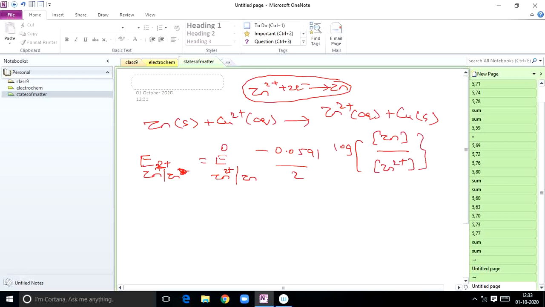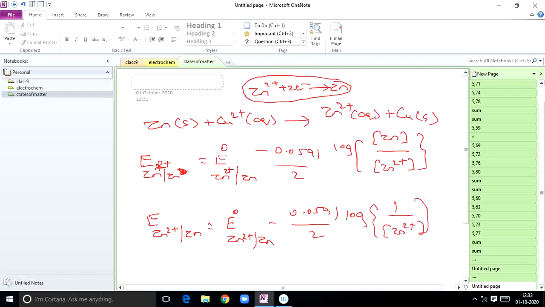So the equation becomes E Zn2+/Zn equals E naught Zn2+/Zn minus 0.0591 by 2 into log of concentration of zinc in pure state, that is 1, by concentration of Zn2+. Consider this as the first equation.